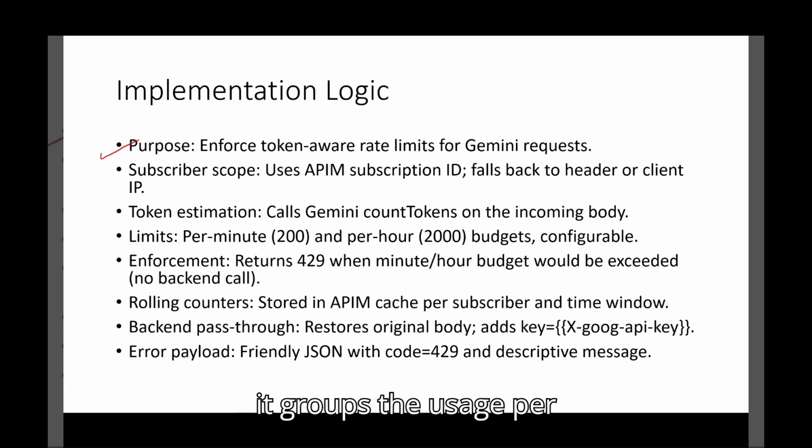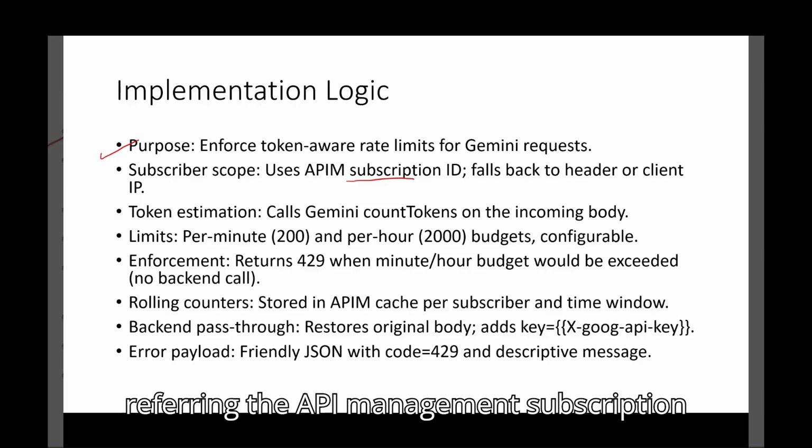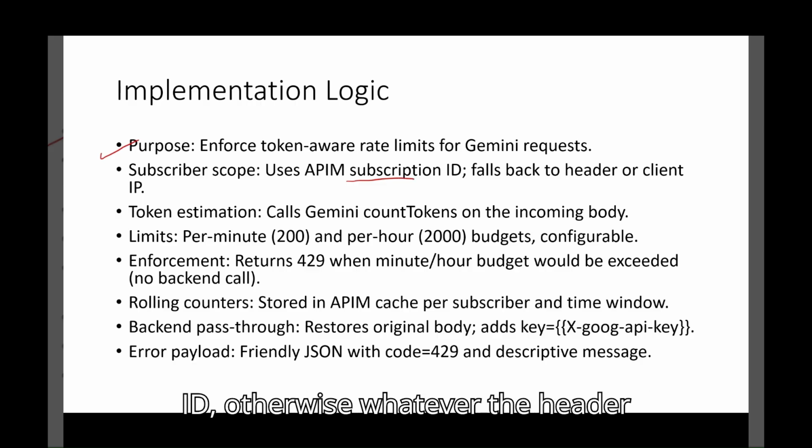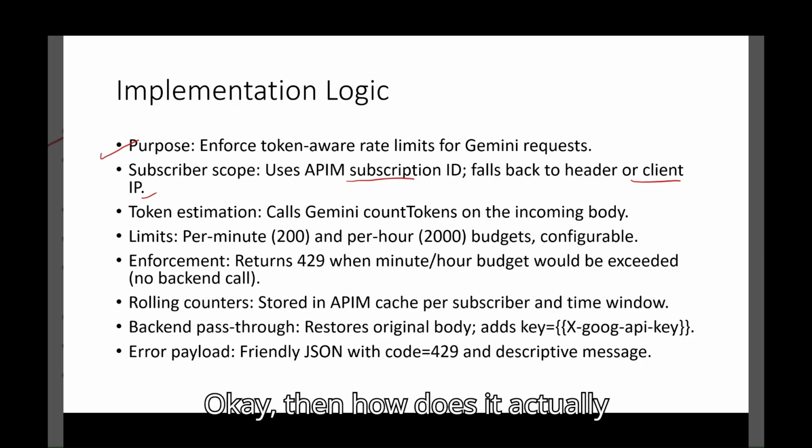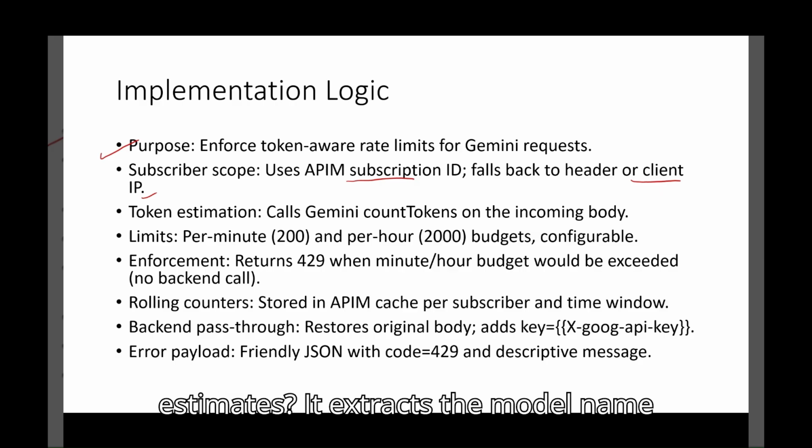Basically, it groups the usage per subscriber, using the subscription ID, preferring the API management subscription ID. Otherwise, it uses whatever header that subscription has, and if none of these is present, it falls back to the client IP.